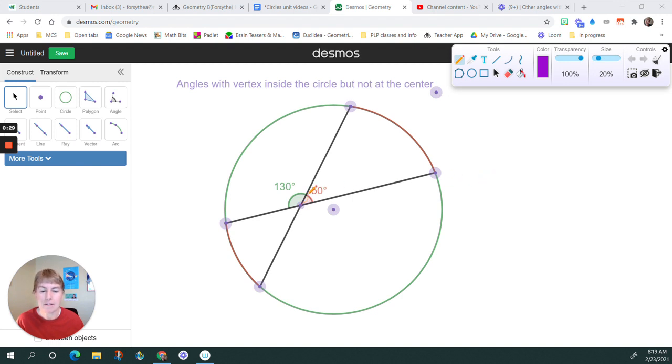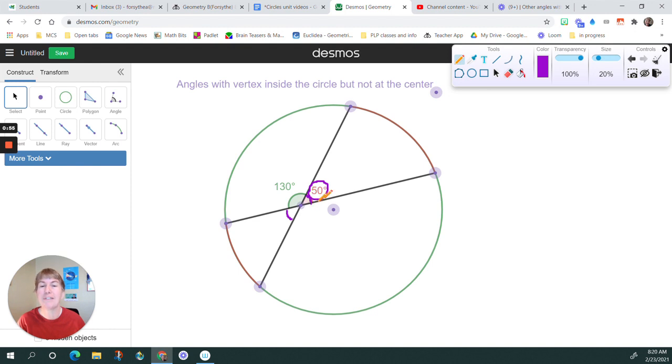When that happens, we do have a relationship between the angles created here and the arcs out here on the circle. We just have to work a little bit to make that happen. Very basically, if this one here is 50, because of vertical angles, this one would also be 50.